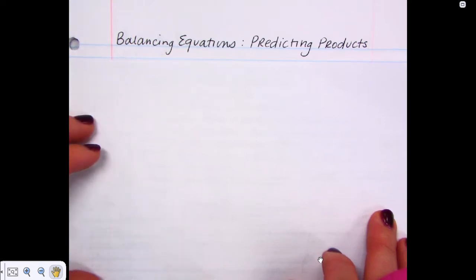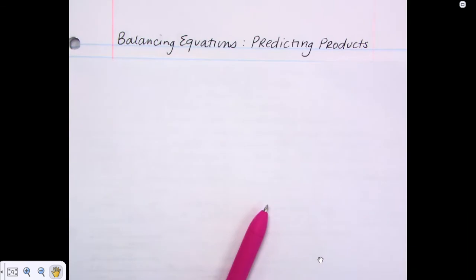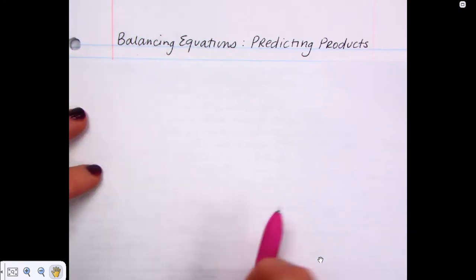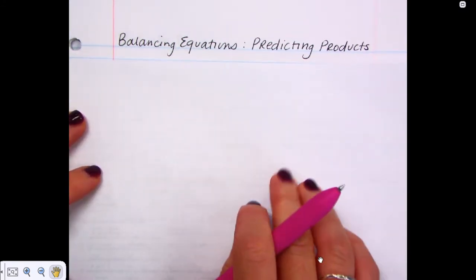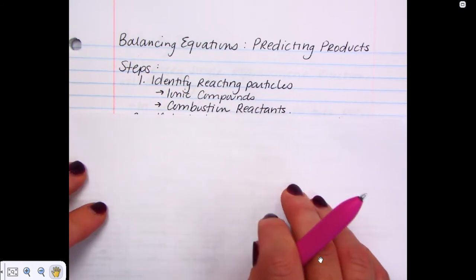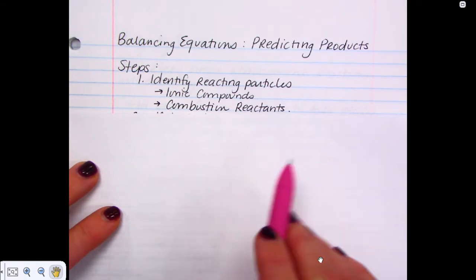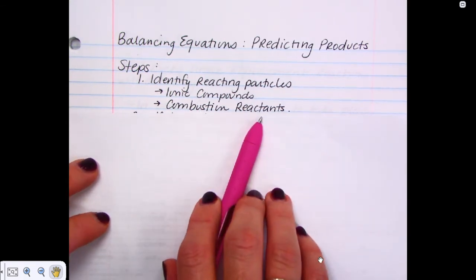Are they compounds swapping like a double replacement, or do we have a single replacement, or do I have a synthesis going on? You should be able to figure out how my products come together. First of all, you're going to identify your reacting particles. Do I have ionic compounds, or do I have the ingredients for a combustion?